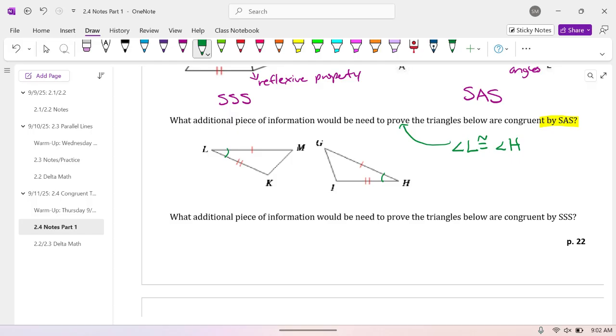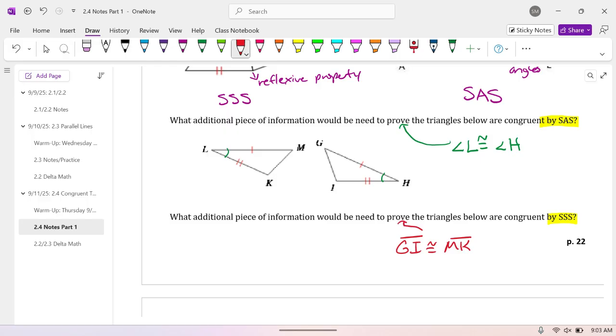Now, using that same triangle, what if we wanted to show they were congruent by SSS? What would have to be true? Right, GI would have to be congruent to MK. So we would have to show that GI is congruent to MK.